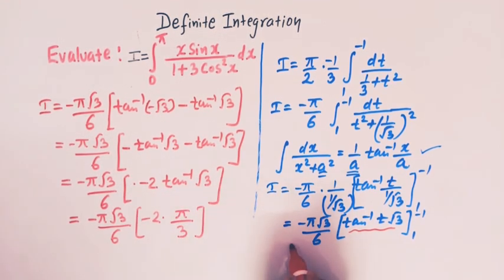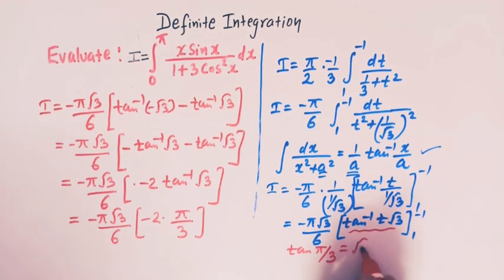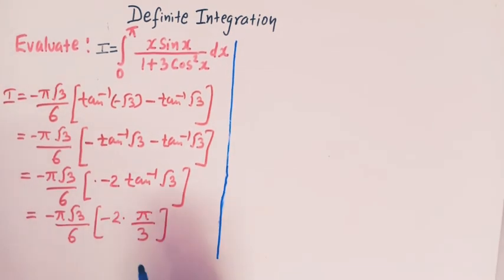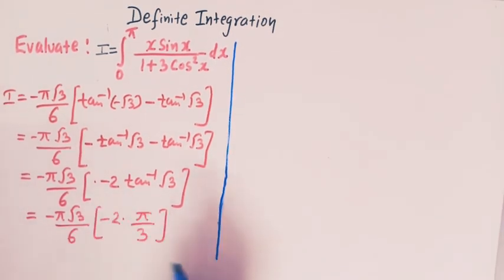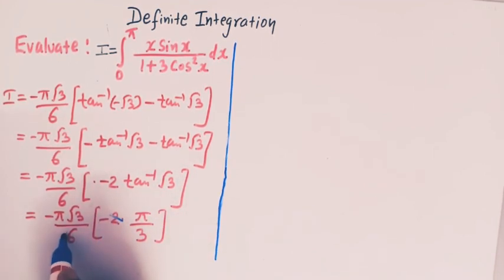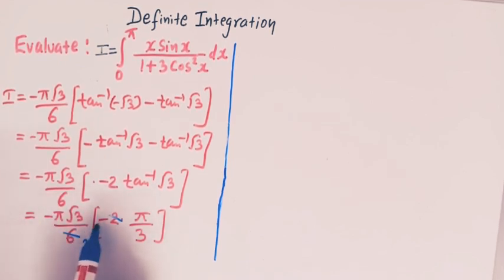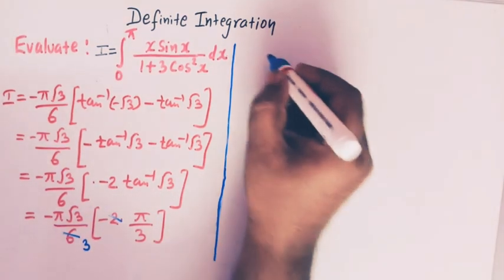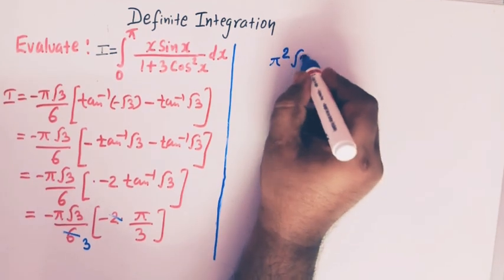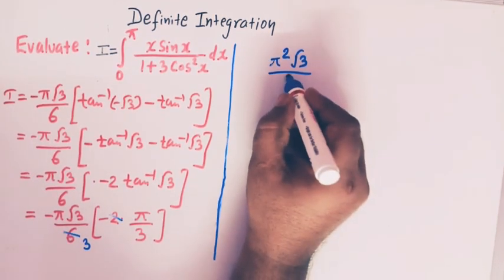Because tan pi over 3 is equal to square root of 3. Now simplifying this expression, here we will cancel this 6 by 2, so here we have 3, and minus multiplied by minus becomes plus, so we have pi square root 3 over 9, right?